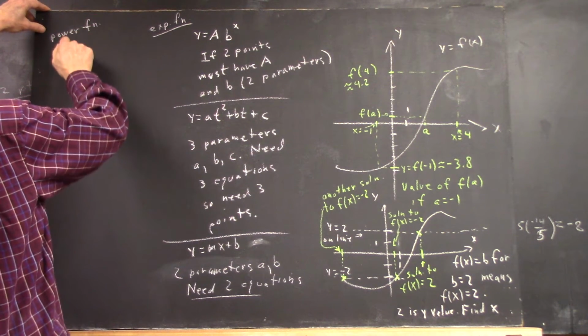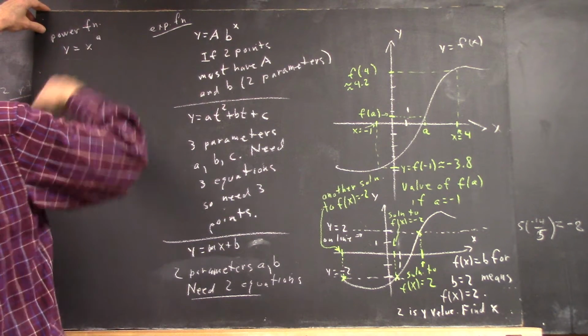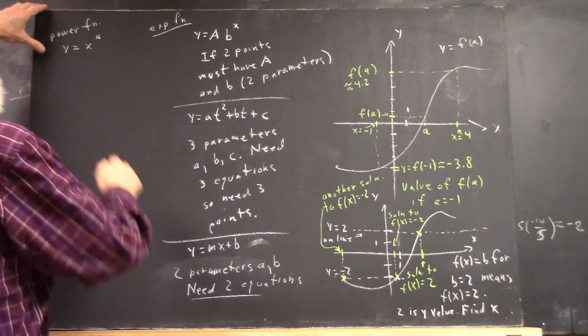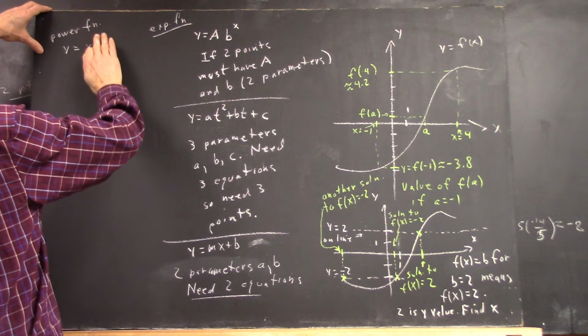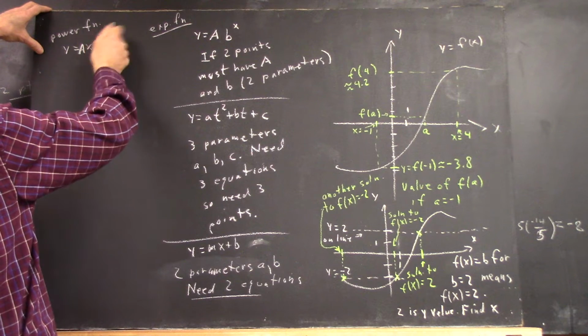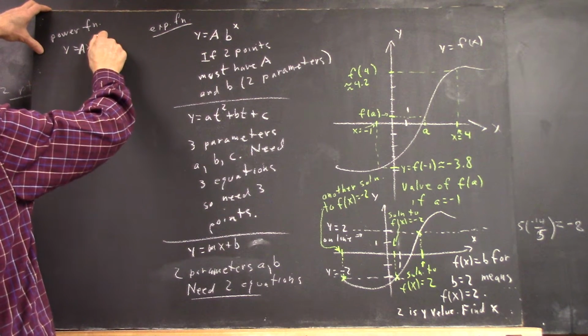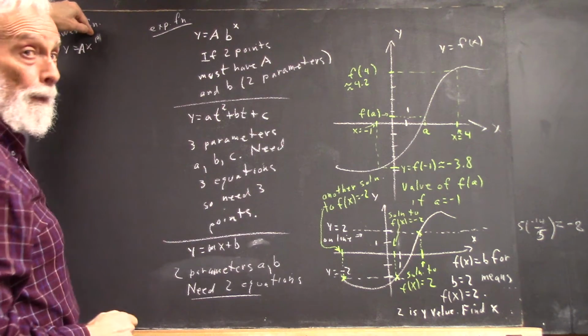Now, just a preview, there's also, we haven't done it yet, power functions. We need the a. I don't know why I don't write the a there, because I know it has to be there. y equals a x to the p. P is the power.